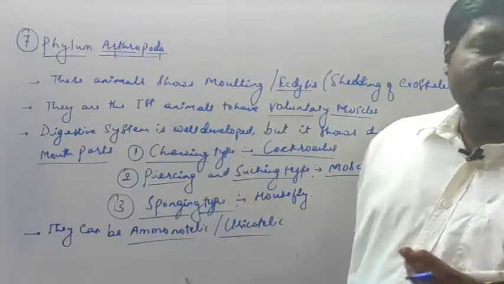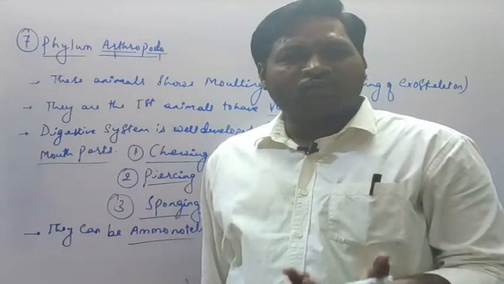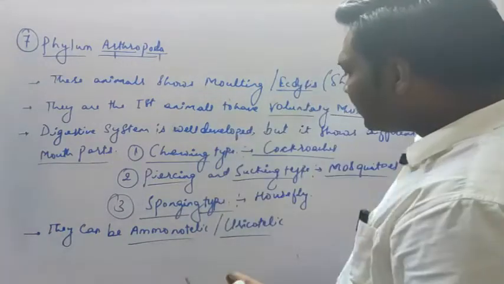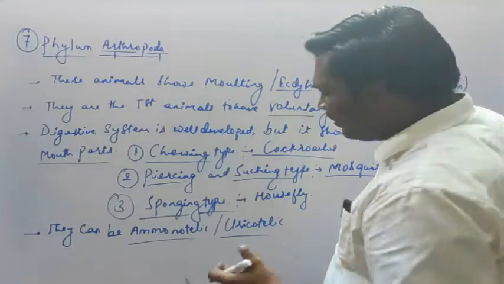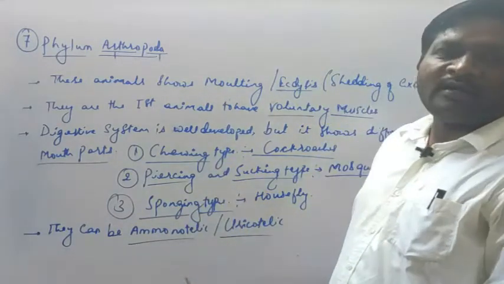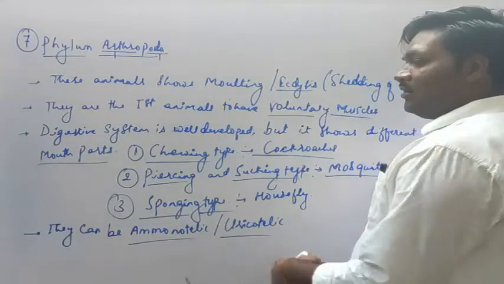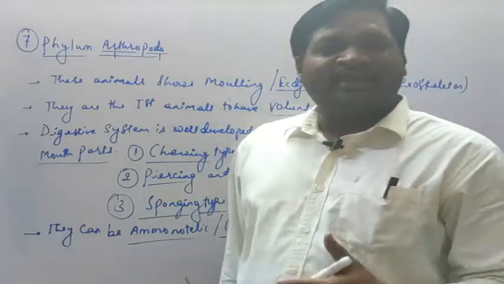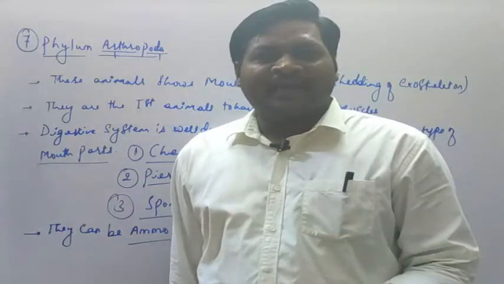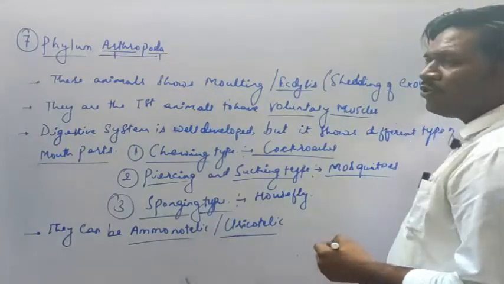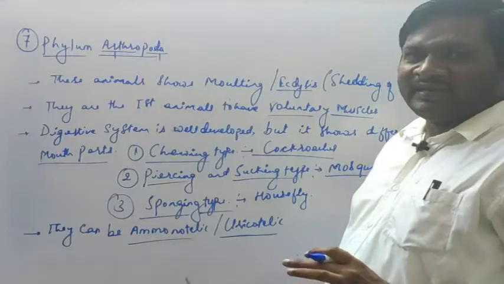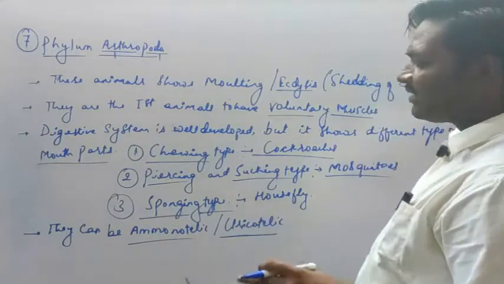See, few arthropods are also found in the water bodies. Okay, so these arthropods secrete the nitrogenous waste material in the form of ammonia. So they are called ammonotelic, and the arthropods or the insects which are found on the land surface secrete the nitrogenous waste material in the form of uric acid. So that is uricotelic. Okay, so that is about the excretory part.